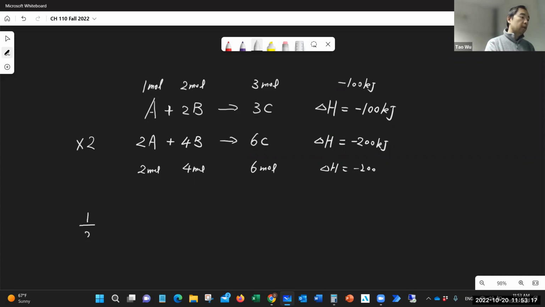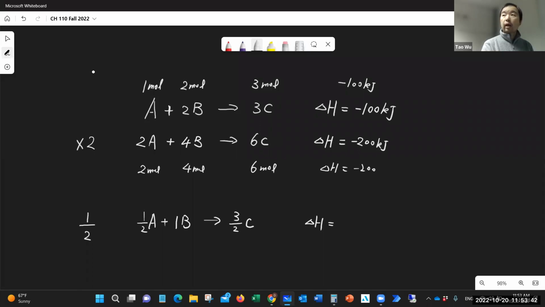If you divide this equation by 2, it becomes 1/2 A plus 1B to form 3/2 C. The enthalpy of this reaction will also decrease.